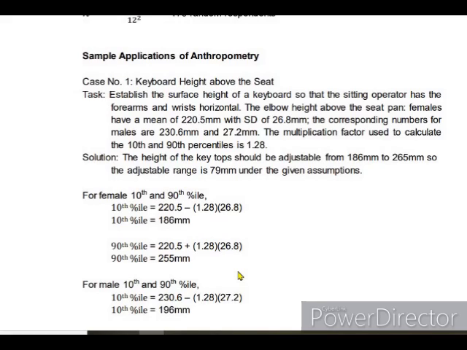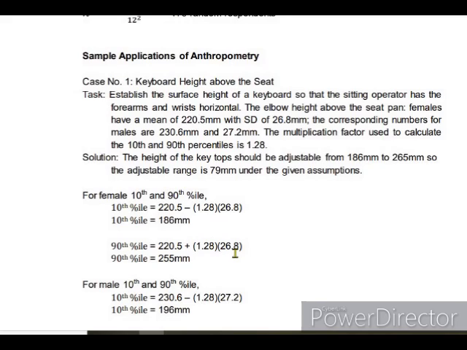Then for the 90th percentile, we just add 220.5 mm, the mean for females, to the product of what? To the product of the factor and their standard deviation. So the 90th percentile is 255 millimeters.